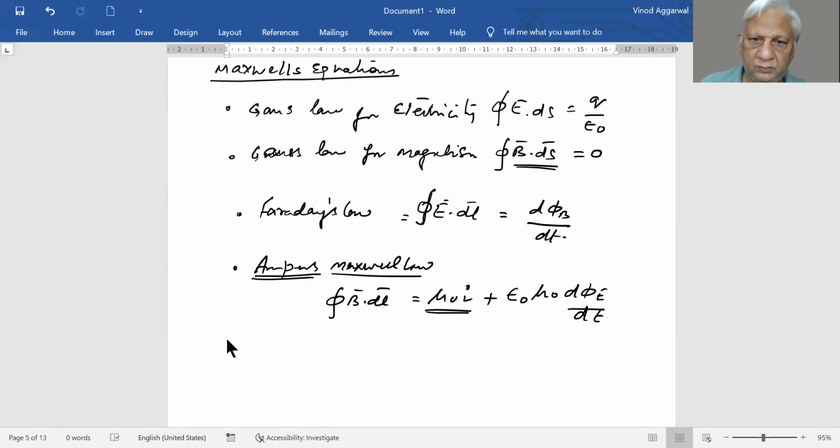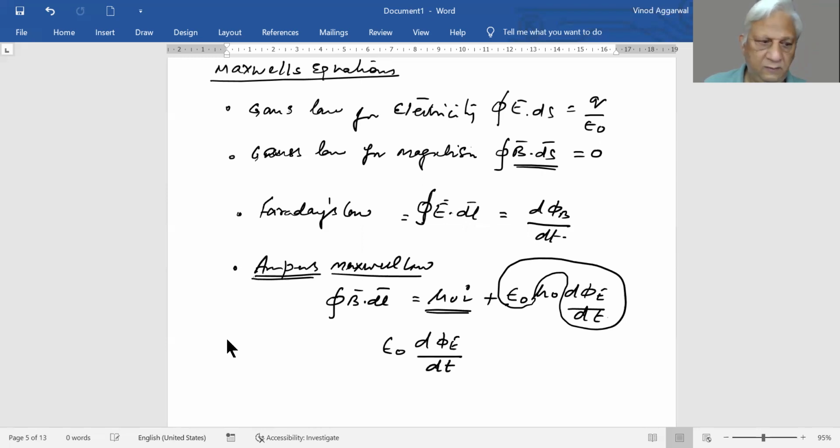Now this portion, epsilon, we have seen it earlier, it's called I D, the displacement current, and it's purely on account of a changing electrical field.